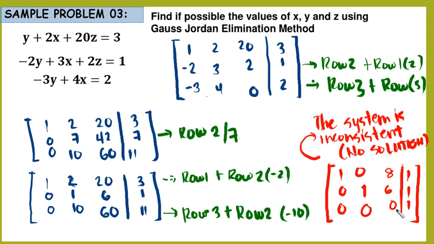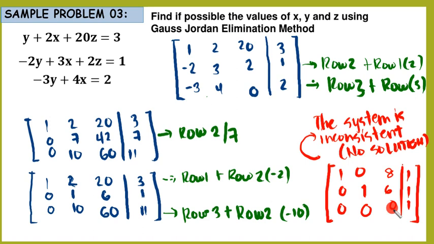So, ang sabi natin sa row echelon form, dapat itong element dito sa row 3, column 3, dapat equal siya sa 1. Pero yung lumabas, 0. So, hindi tayo makaka-create ng row echelon form dito kasi nga, sabi natin, yung diagonal dapat natin dito is equal to 1. Pero yung lumabas, 0.